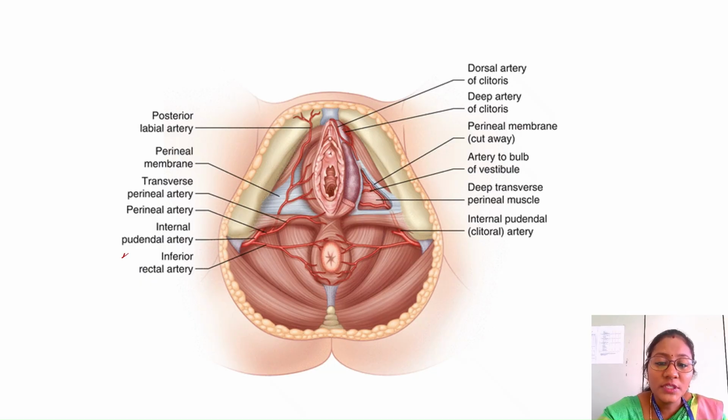See this structure, the bulbospongiosus muscle, and another branch is going to the deep transverse muscle. Then it will split into the posterior labial arteries. These are all the small branches from the internal pudendal artery.